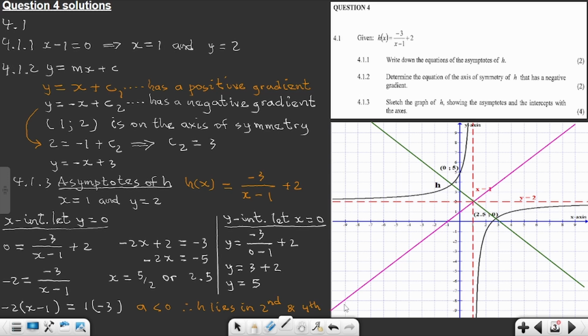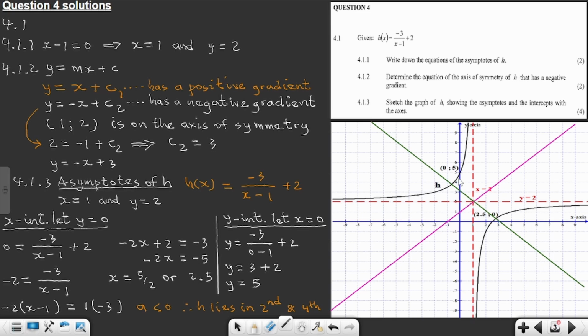And the axis of symmetry with positive gradient and the one with negative gradient are also passing through. This is why I used this point here to solve for C2. You can also use it to solve for C1. If you were asked to determine the axis of symmetry with positive gradient, you can still use this point.